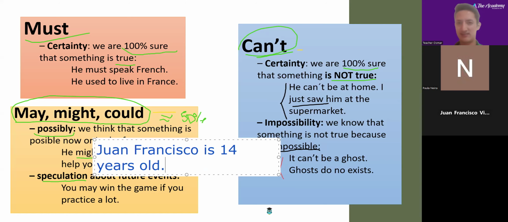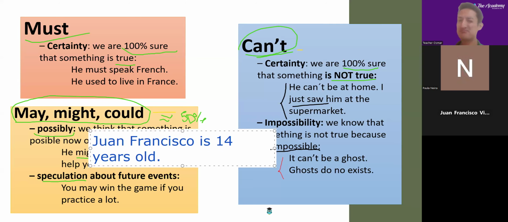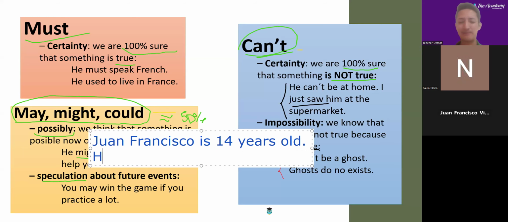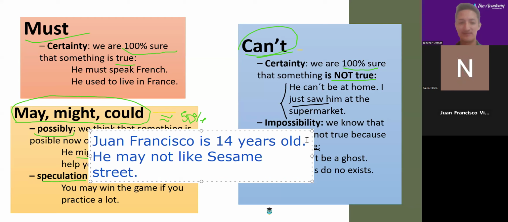But in 2 months more, I have my birthday, 15 years, teacher. Okay, so my deduction: Juan Francisco is 14 years old, so probably he may not like Sesame Street.